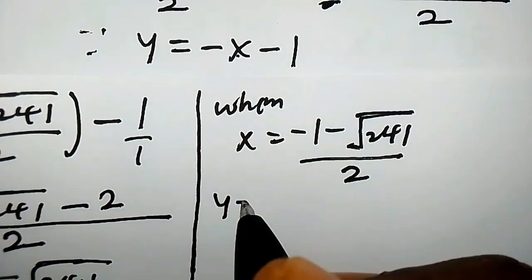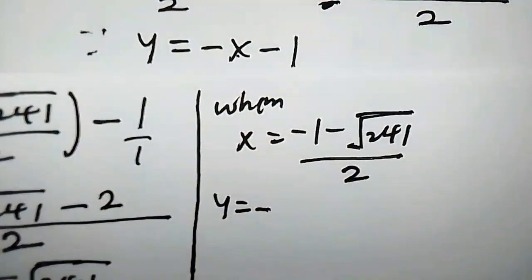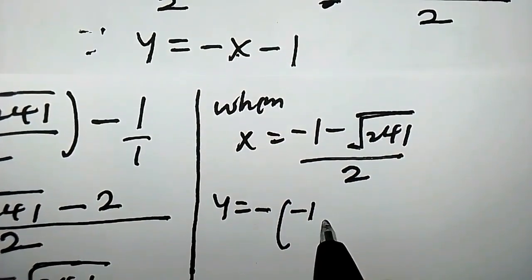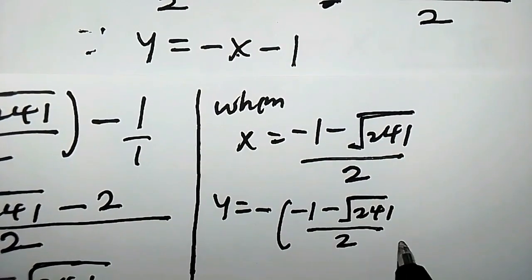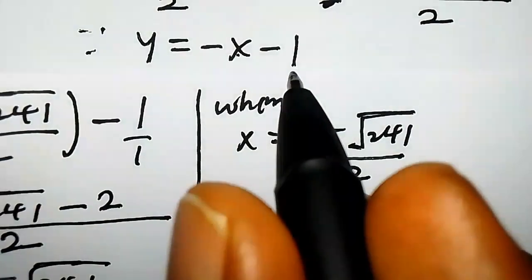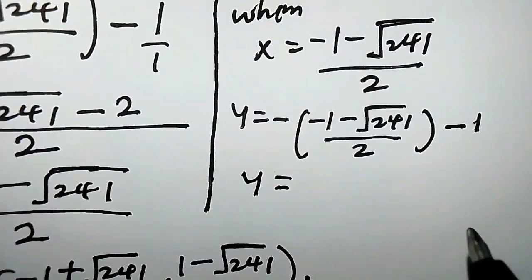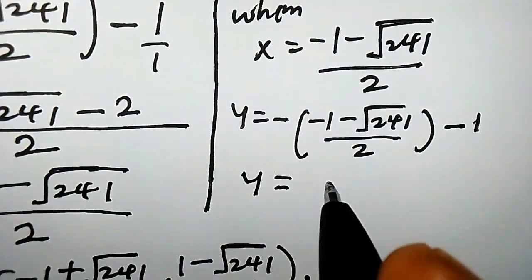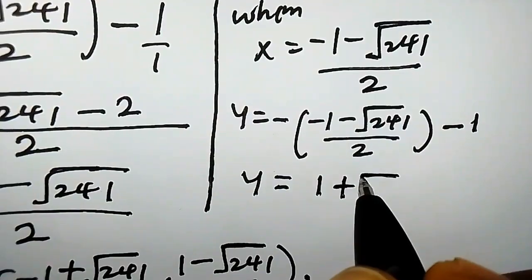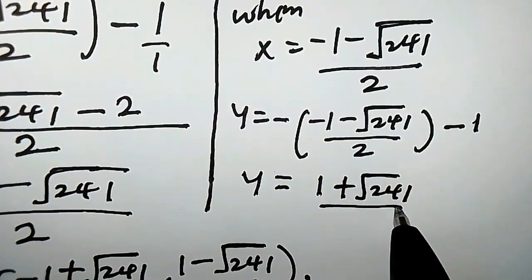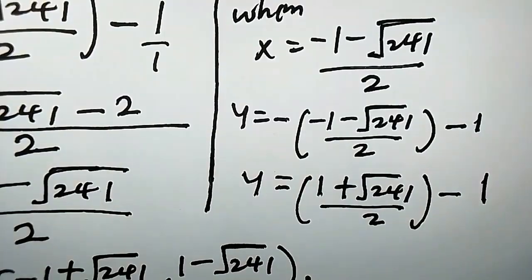So we have y equal to minus, we'll now replace this x with this, minus 1 minus root 241 divided by 2, minus 1. y is equal to minus times minus 1, that is 1, minus times minus, that is plus root 241 divided by 2. Let's put it in brackets, minus 1.